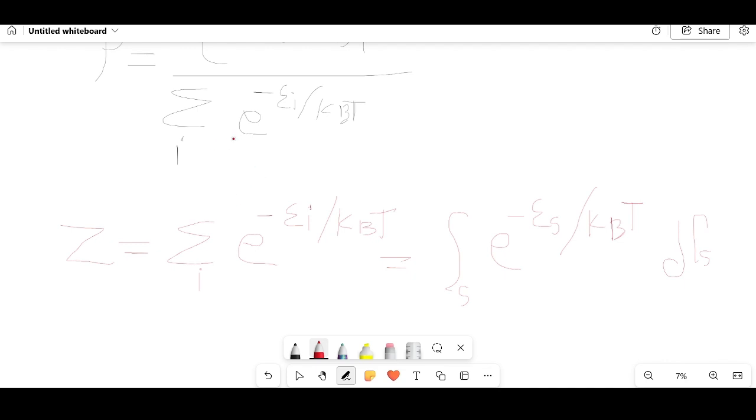Hence, the term in the denominator is actually the partition function. This is partition function.